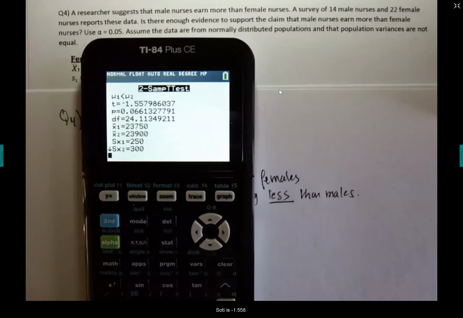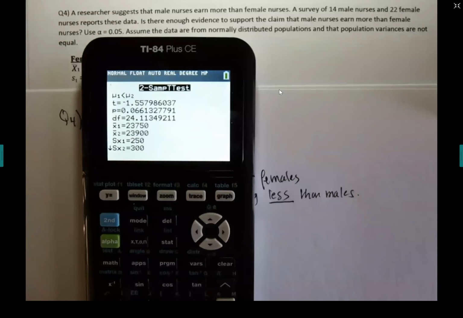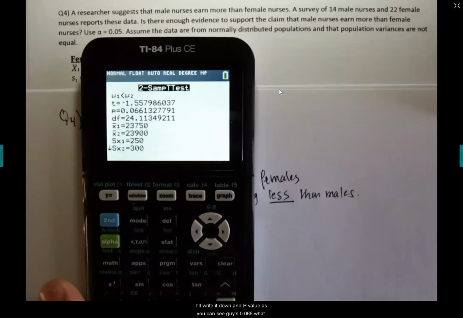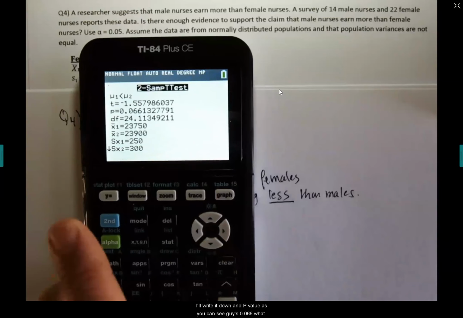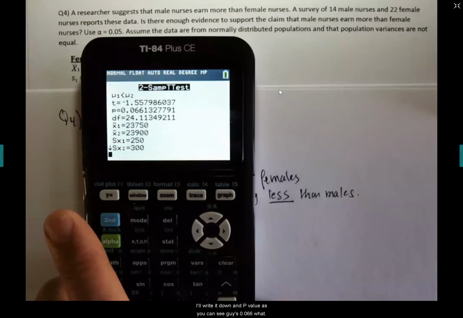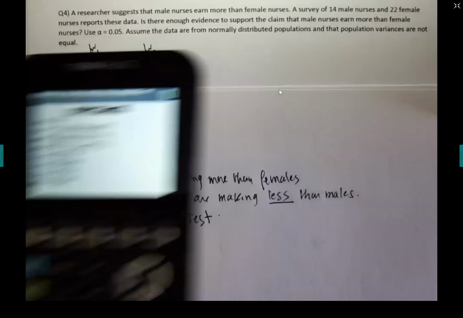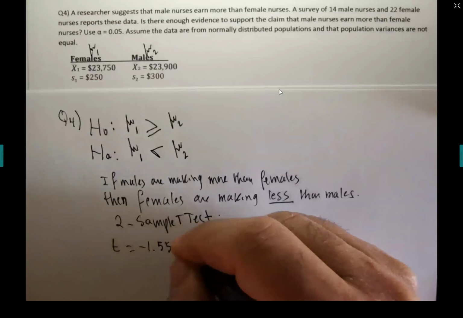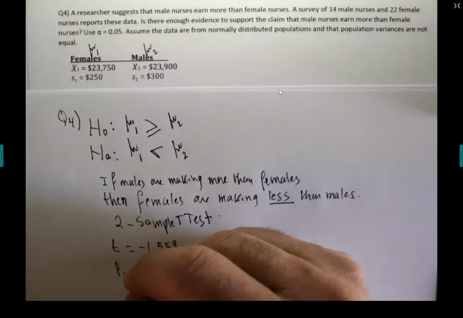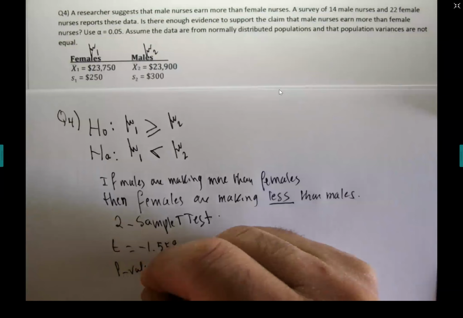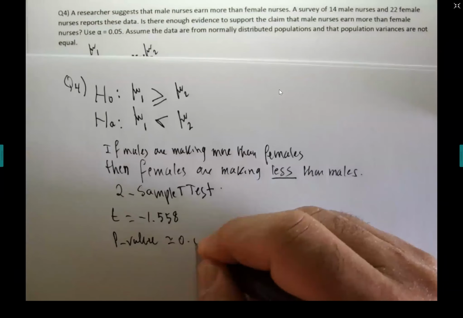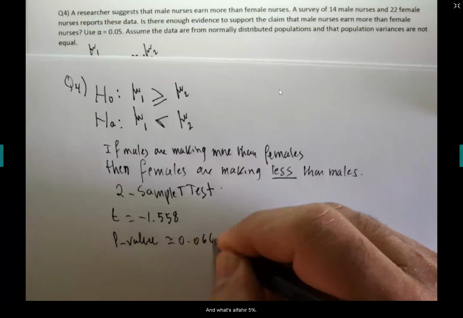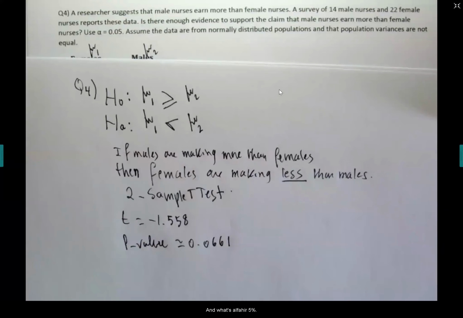So T is negative 1.558. I'll write it down. And p-value, as you can see, guys, 0.0661. Okay, and what's alpha here? 5%.